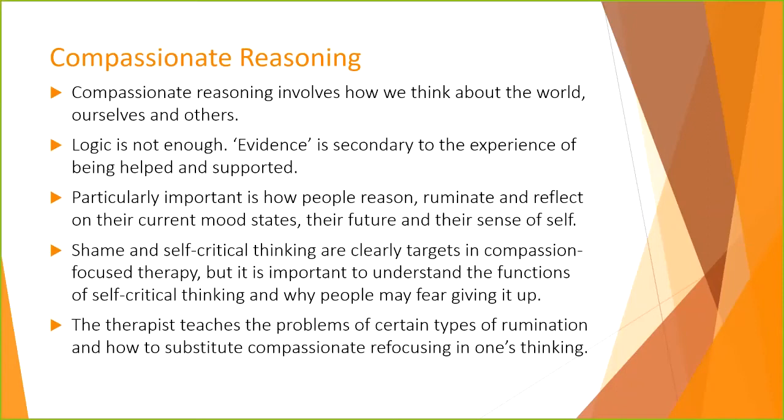If they ruminate on, yes, I'm not so good at that. Remember, we've talked before about global versus specific attributions. If they focus on things as being specific, so yeah, I may not be good at X, Y, Z, but I am wonderful at the whole rest of the alphabet. That's a whole different perspective, and it really affects how people feel in terms of their sense of self.